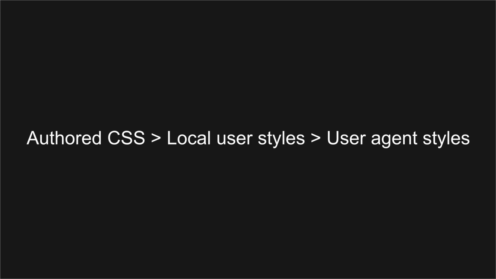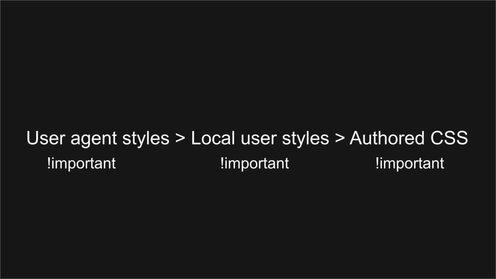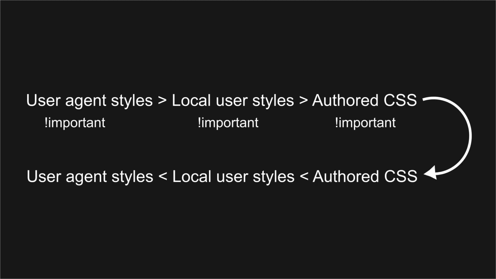In this case, the order of preference is reversed. So the browser styles with the important rule are the most preferred and the authored CSS with the important rule is the least preferred. If we combine, we can see that the user agent styles with the important rule is the most preferred, while the basic user agent styles are the least preferred. Everything else comes in between.